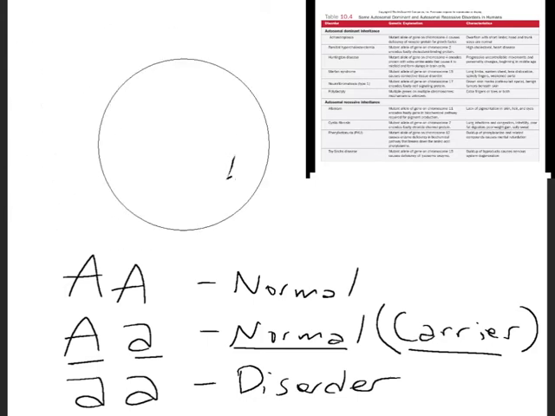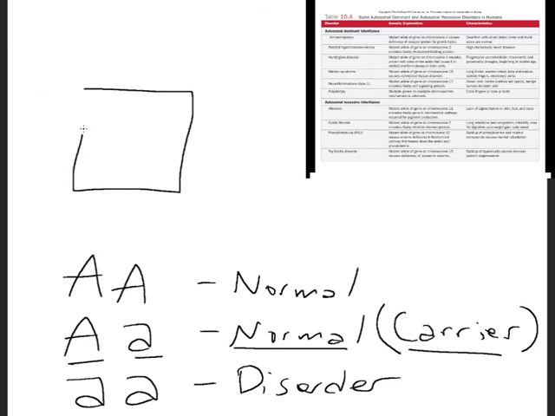Let's say that one parent has cystic fibrosis and the other parent is not a carrier and does not have cystic fibrosis. Now notice I did not give you the actual genotype of that parent, but let's start with the first one. That parent has cystic fibrosis. Okay, we know what their genotype is because they have the disorder. But the other parent, I said they don't have cystic fibrosis, but that could be homozygous dominant or that could be heterozygous.